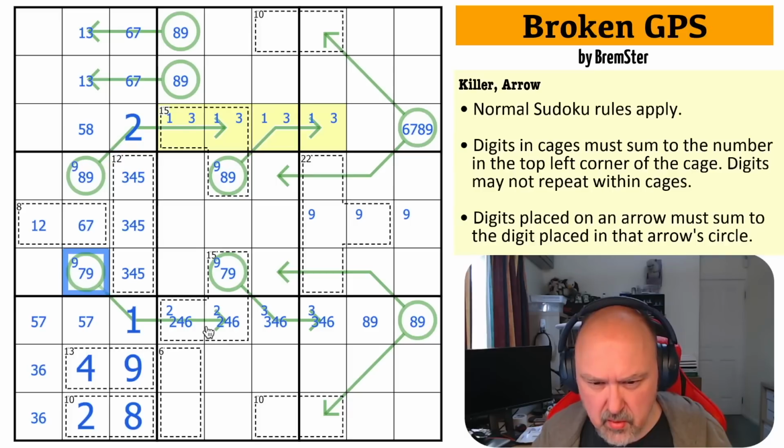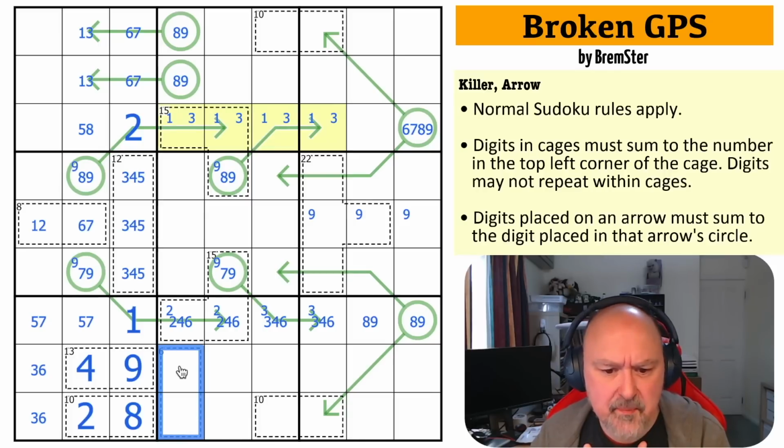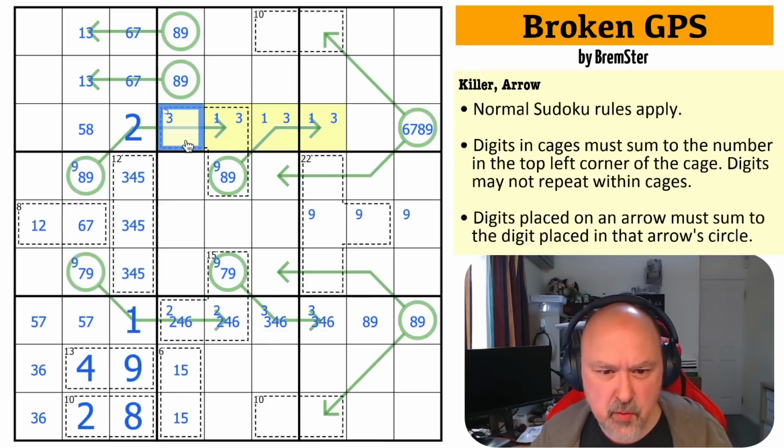Wow. I made a mistake with the ones up here. Now, can this be... No, this can't be 2, 4 now. Because this would be 3 and both of those would be 6. So this is 1, 5, which means there's no 1 there.